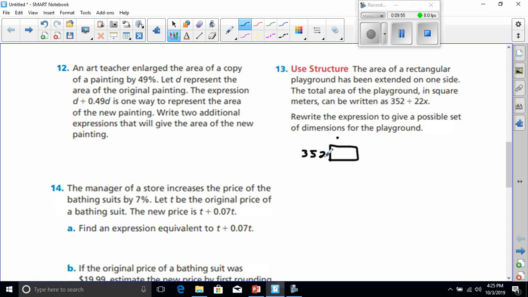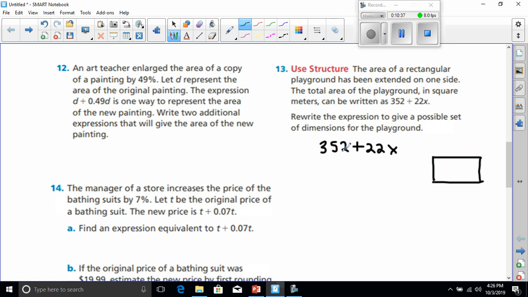They're giving me the whole expression. The area in square meters would be 352 plus 22x. And write an expression to give a possible set of dimensions for the playground. So I'm trying to find the length and width of this playground. Okay? So let's see what we can find out.